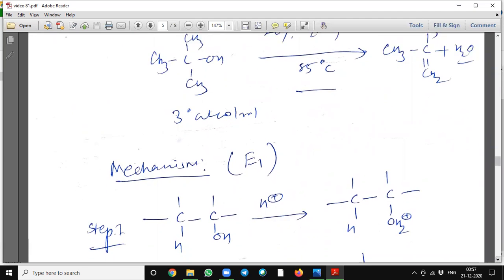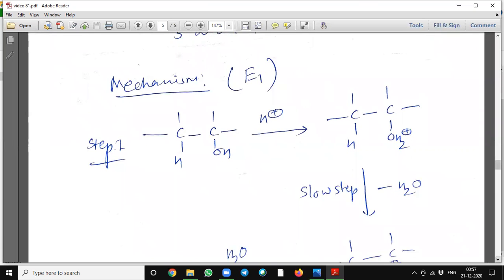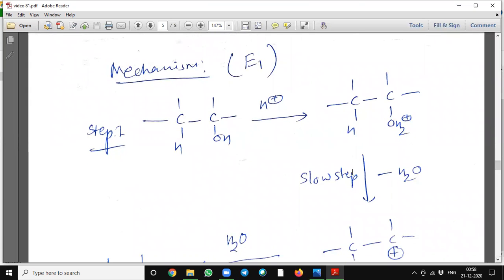Mechanism. First, the alcohol group is protonated and it will give this oxonium ion. Then H2O is slowly eliminated, and it is a slow step where only one molecule is taking part in the reaction.